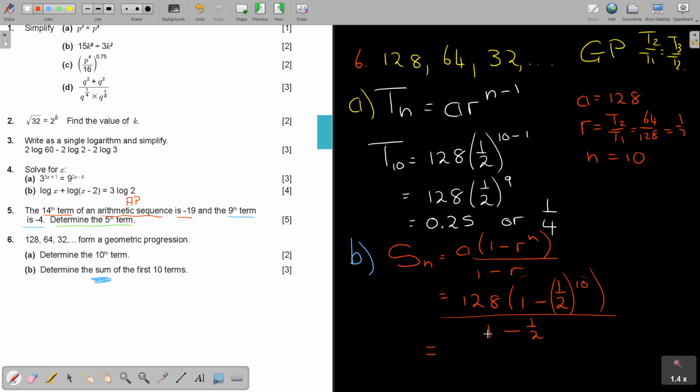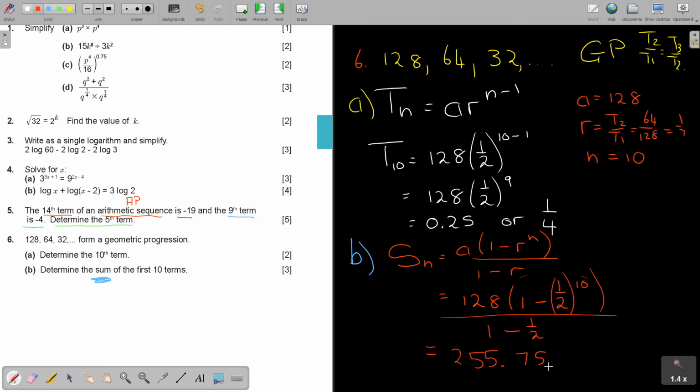So I would say 1 minus bracket 0.5 or 1 divided by 2, close the bracket, to the power 10 equals. Then I multiply it with 128. Then I divide it by 0.5. And what do you get? I get 255.75.